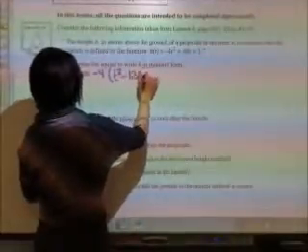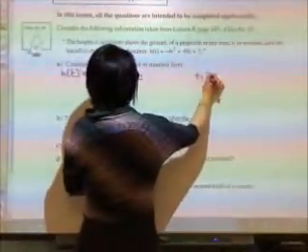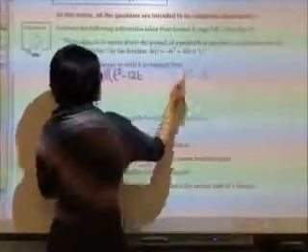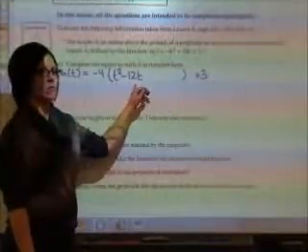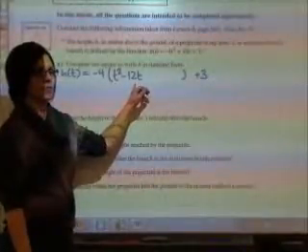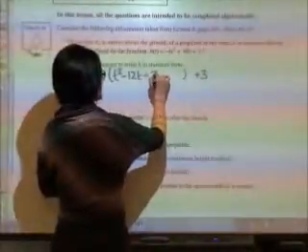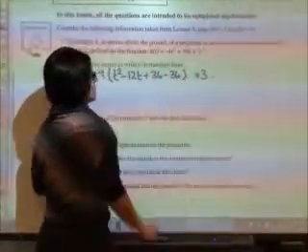And then I don't take the 4 out of the 3, though. So how do I go about completing the square at this point? You take half of negative 12 and square it. What's half of 12? 6. Squared is 36. So I add 36 and subtract 36 to keep my 0.